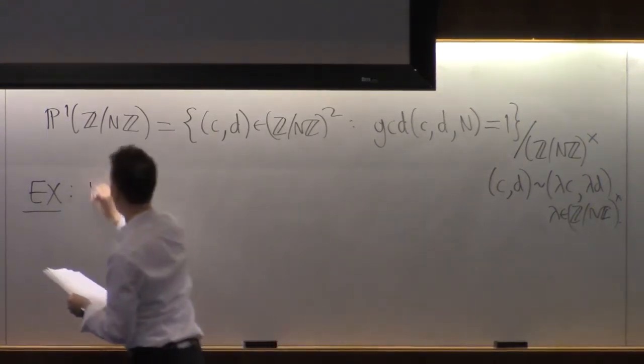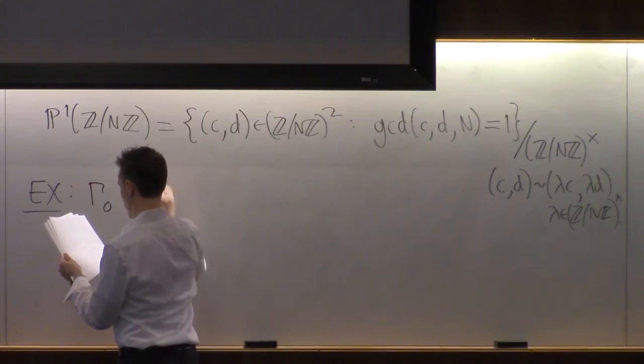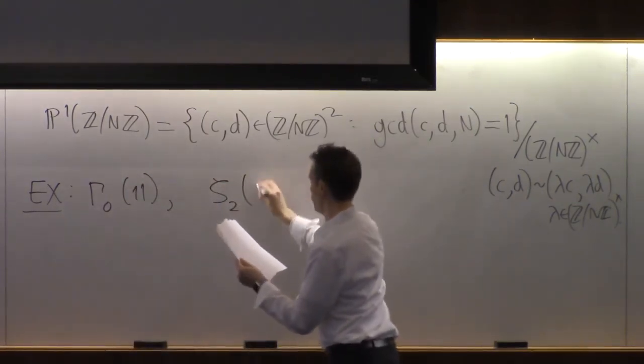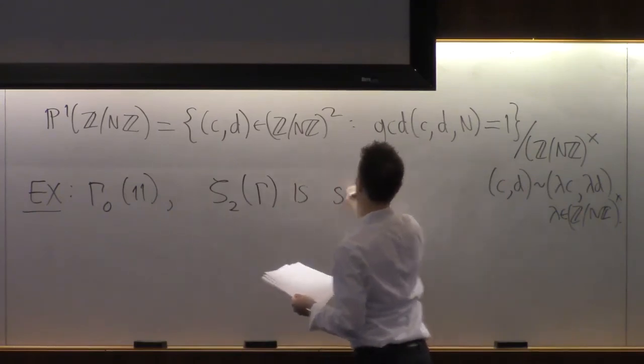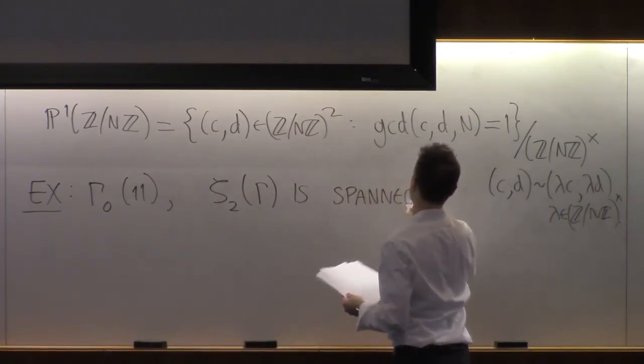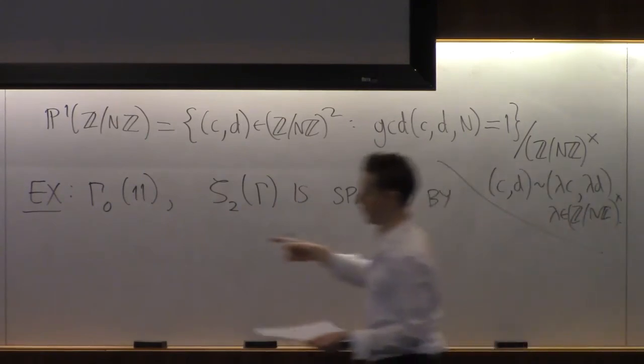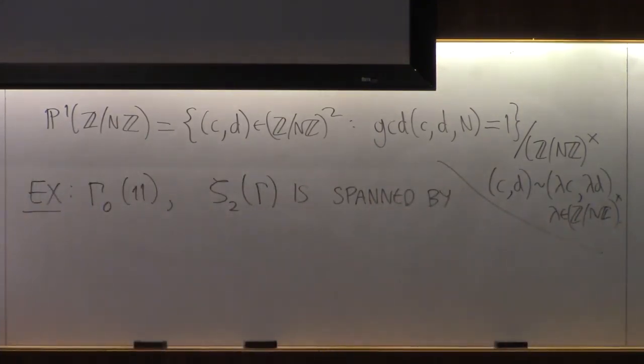Okay, so what does gamma 0 of 11 look like? If I put these two things together, first of all, if I write them as left cosets, all I have to do is hit the matrix with these. I have written down a nice set of representatives here.